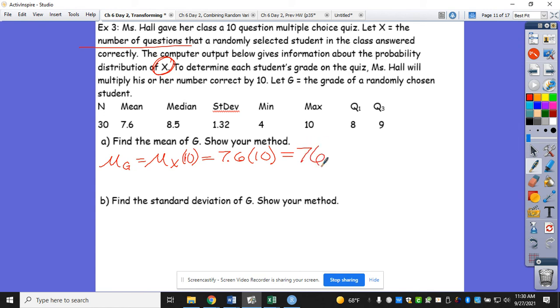Which again, I don't like to have units. We'll call it points. Now when I require you to write score or something on the test, no, because the unit's kind of not there, but I want you to get in the habit of doing that. So what did I do for B? Sigma of G equals what?